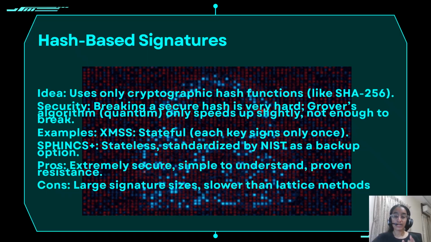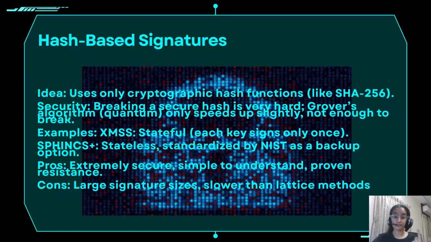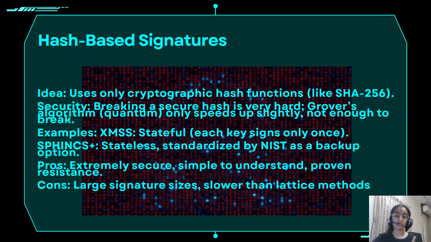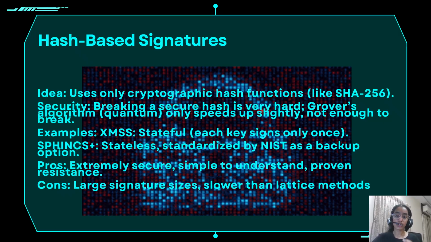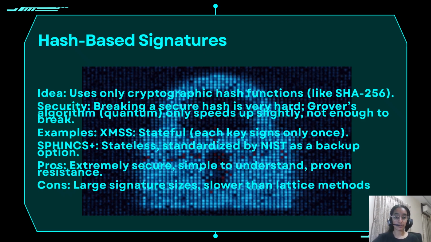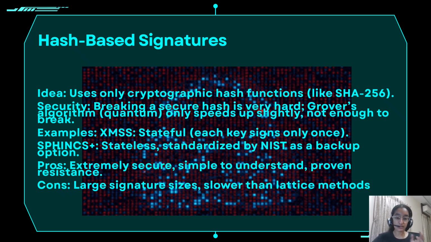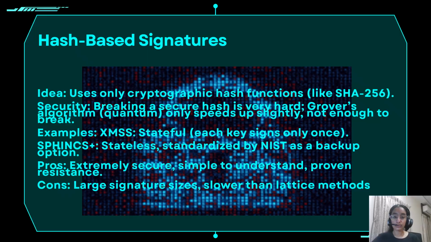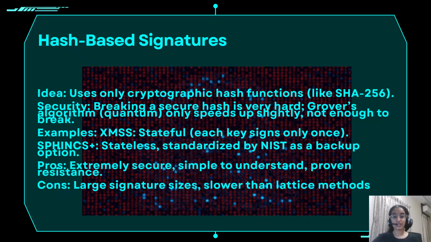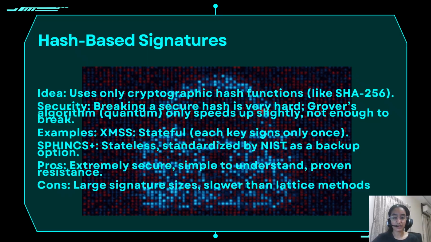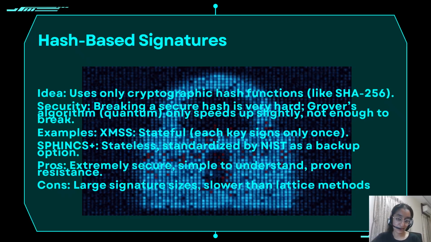A good hash function is one way, you can't reverse it. And it is also collision resistant, it's hard to find two inputs that give the same hash. Even with quantum computers, the best that they can do is Grover's algorithm, which gives a root n speed up.